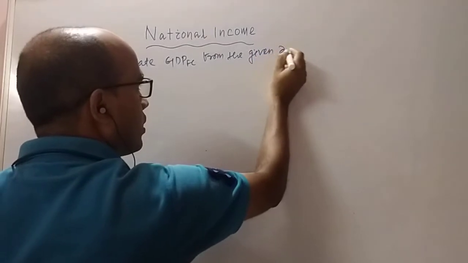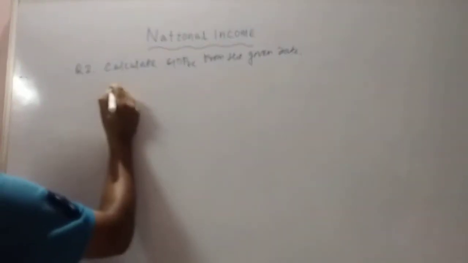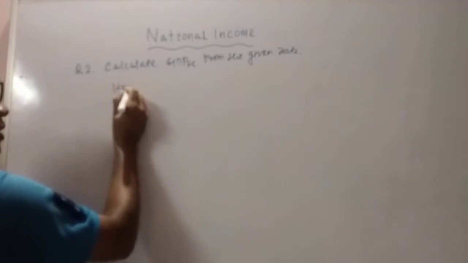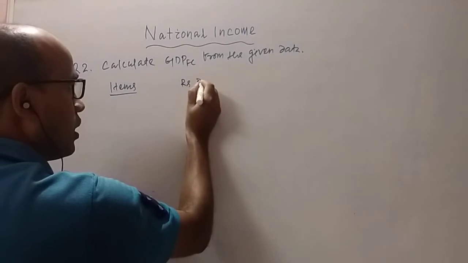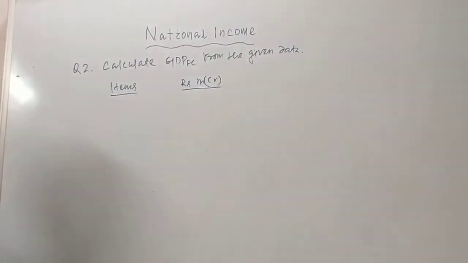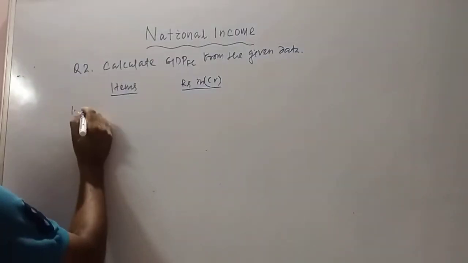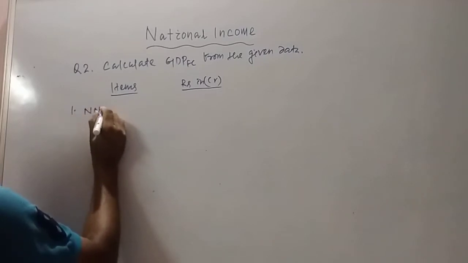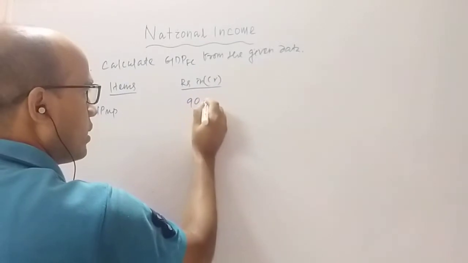Items and rupees in crore. First one, NNPmp 90,000.